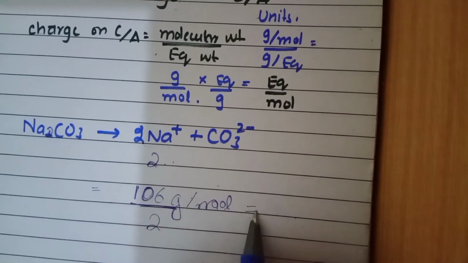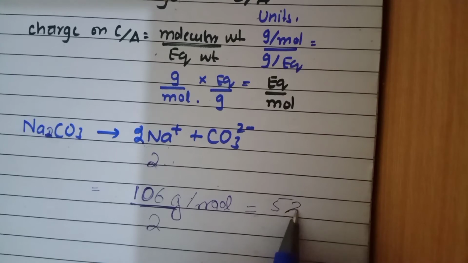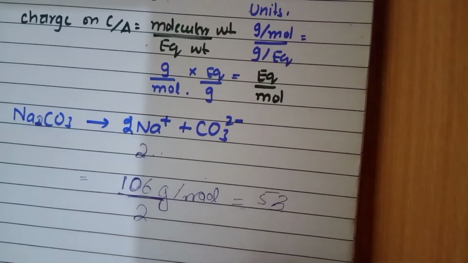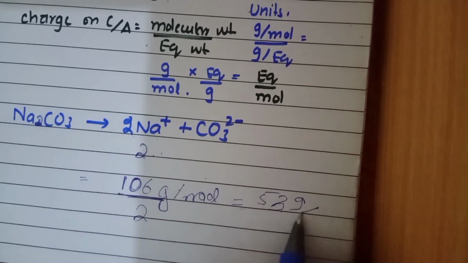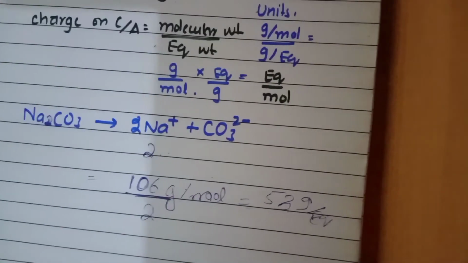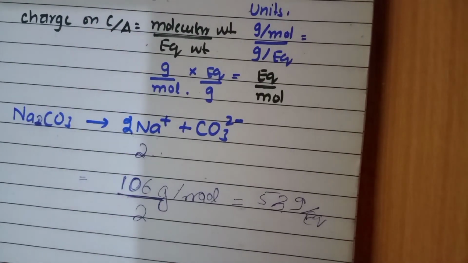So the answer comes out to be 53. We know that the unit of equivalent weight is gram per equivalent. So the equivalent weight is 53 gram per equivalent.